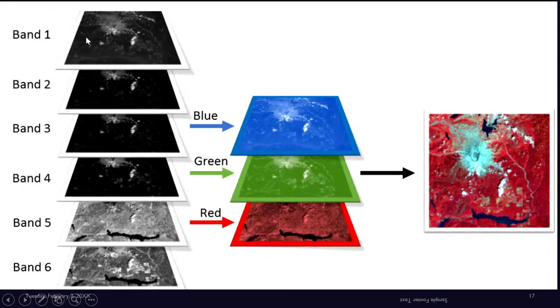Band 1 may go to blue, or we can select band 4 to go to blue, band 2 to green, and band 6 to red. This way we can make different combinations and make a composite image. Those are called false color composites.